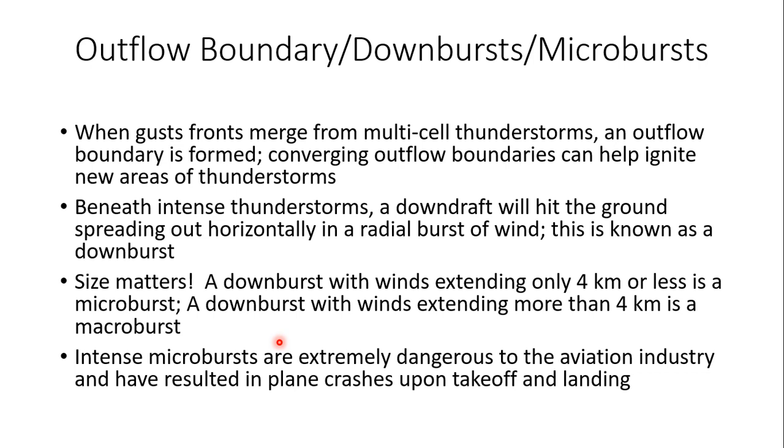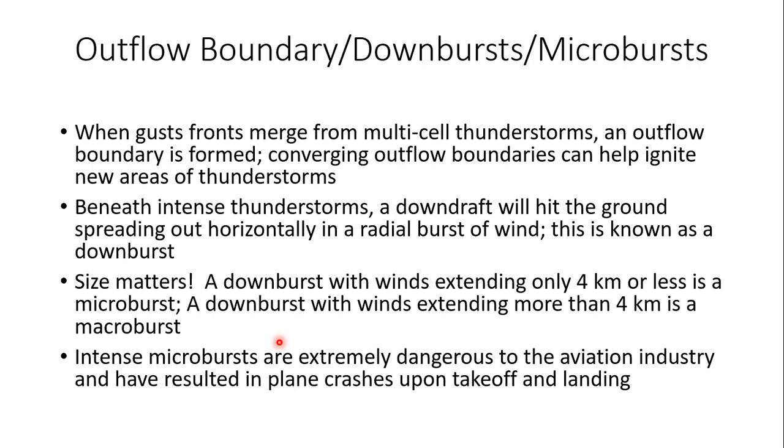A downburst with winds extending more than those 4 kilometers, that's known as a macroburst. Macro, M-A-C-R-O, being much larger area. Okay, so there's two types of downbursts. There's a microburst, where the air spreads out 4 kilometers or less, and there's a macroburst, which is a much larger scale downburst that extends more than 4 kilometers outward.